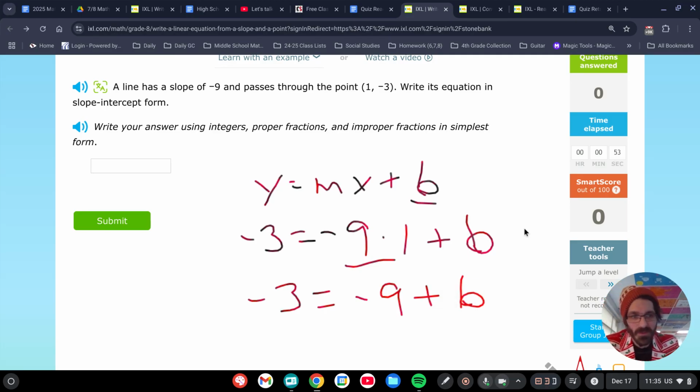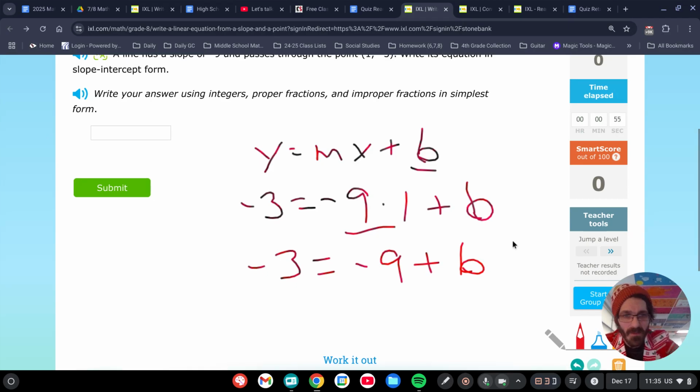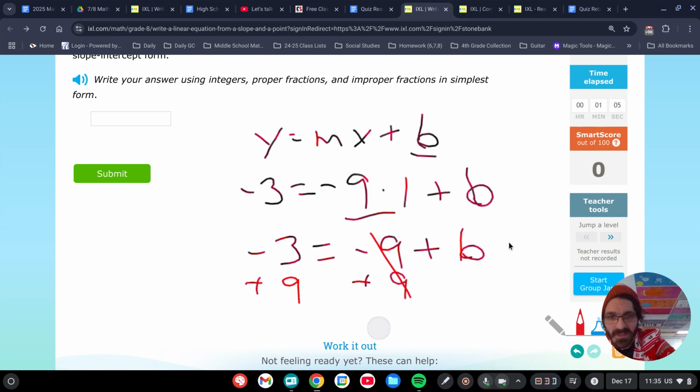We're going to use inverse operations, opposite operations on both sides. This is a negative 9. We're going to add 9 on both sides. And we're left with b on this side, which is exactly what we want. Negative 3 plus 9 is a positive 6.